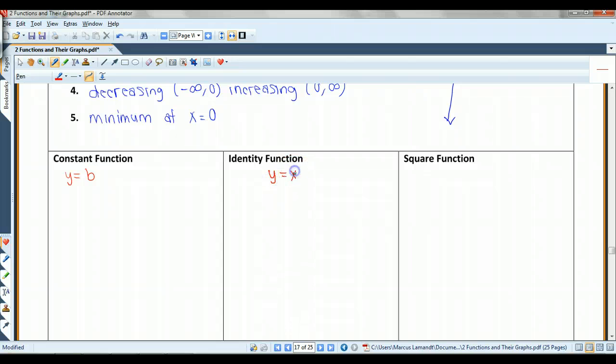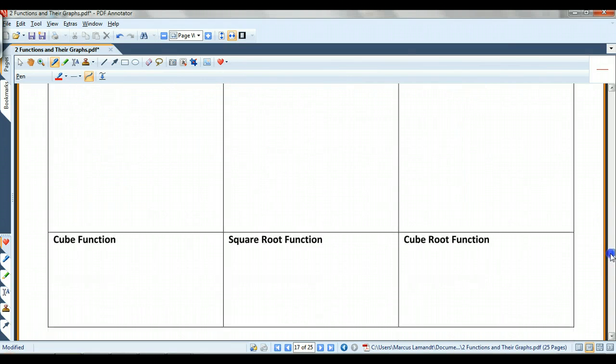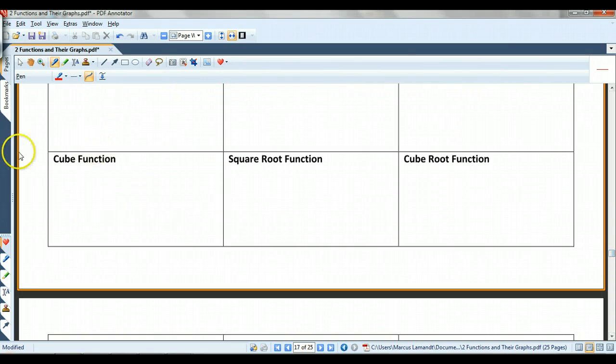Y equals x. The square function. Y equals x squared. Cube function. Y equals x cubed. Square root function. Y equals root x. Cube root function. Y equals cube root of x.